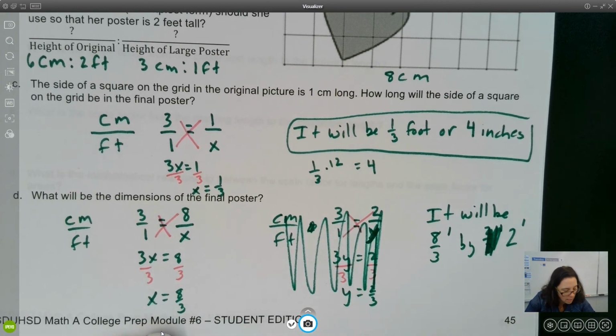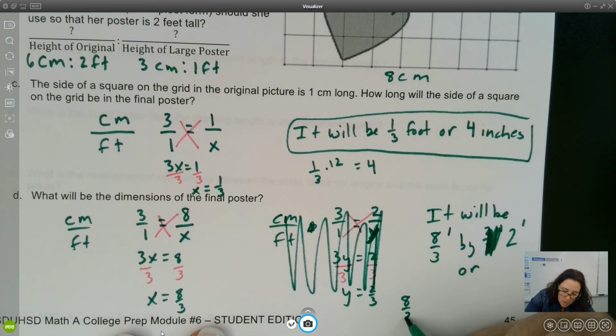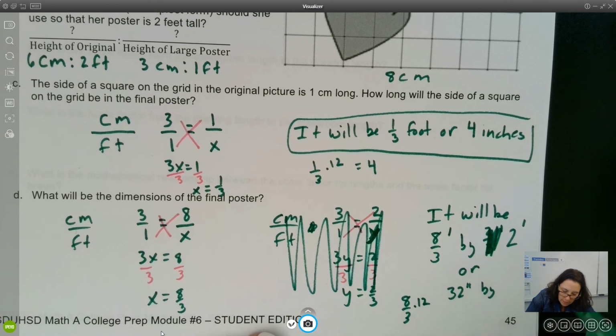Okay. If you got it in inches, 8/3 times 12 would be 32 inches by, and we're going to go ahead and multiply this 2 by 12, 24 inches.